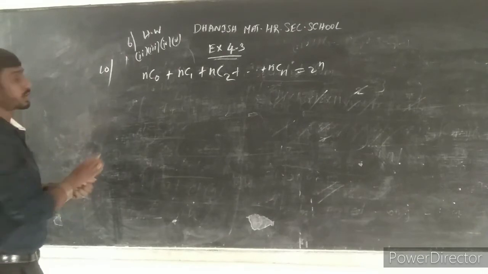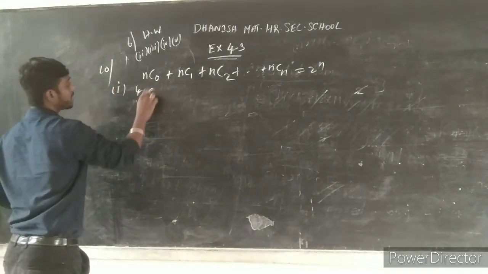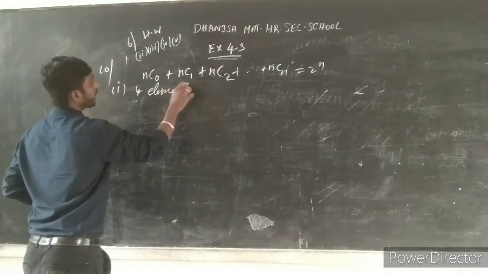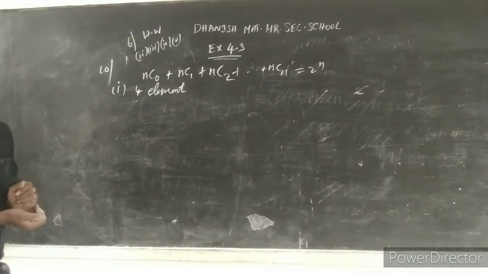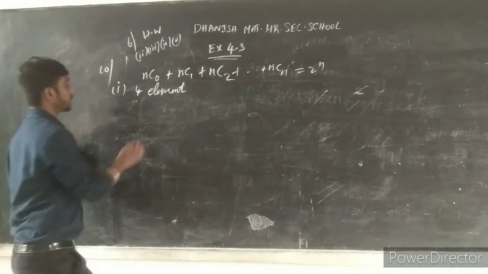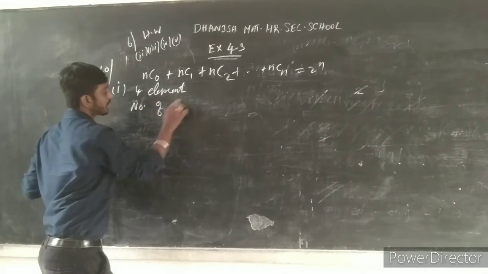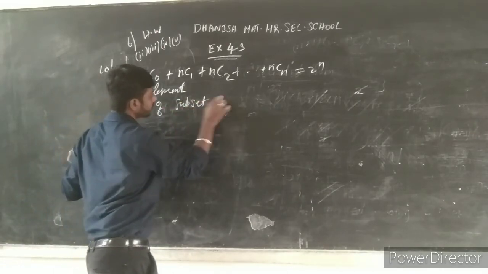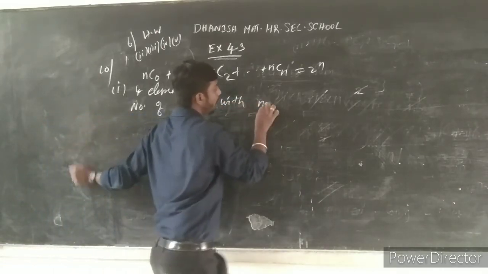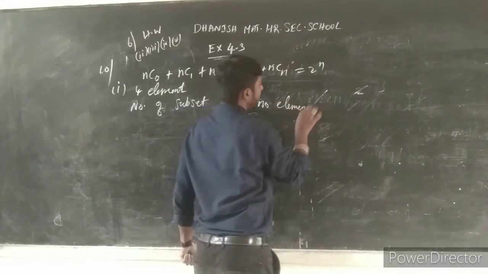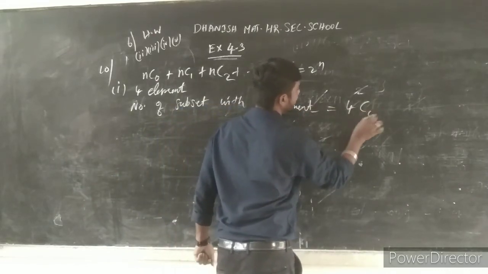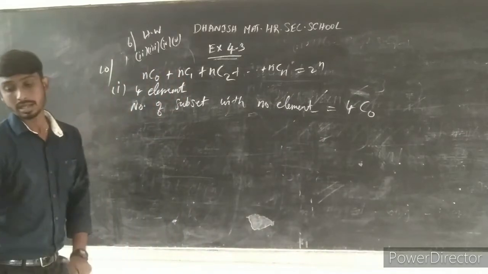So now we are going to solve this one. First, there will be 4 elements. Write like this: number of subsets with no elements is 4C0.